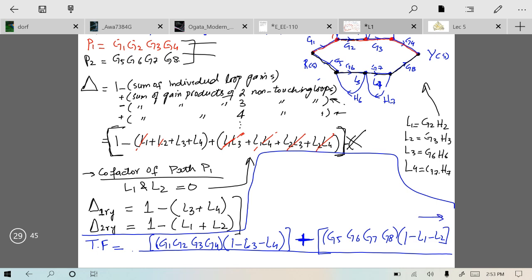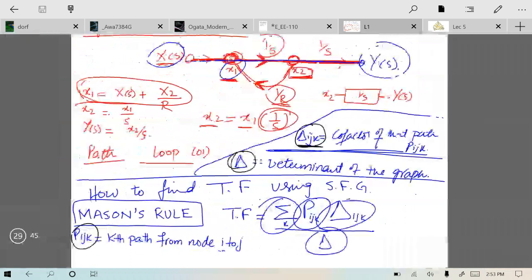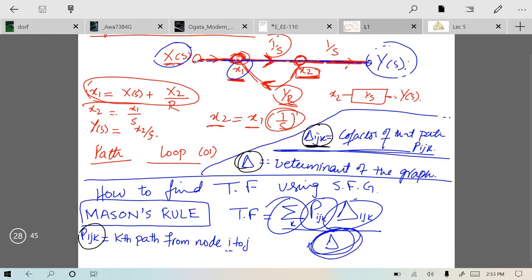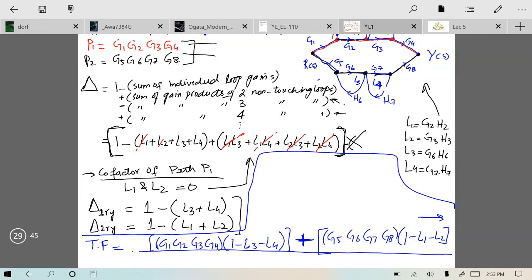So what would be in the denominator? In the denominator you have del. You already know what del is. Del is 1 minus L1 minus L2 minus L3 minus L4 plus L1 L3 plus L1 L4 plus L2 L3 plus L2 into L4.